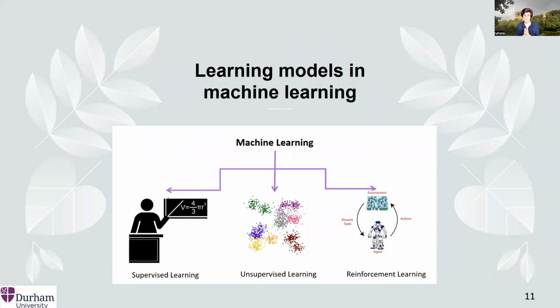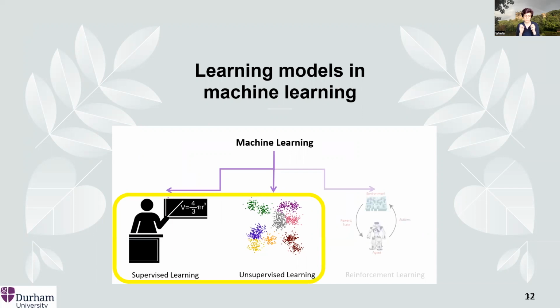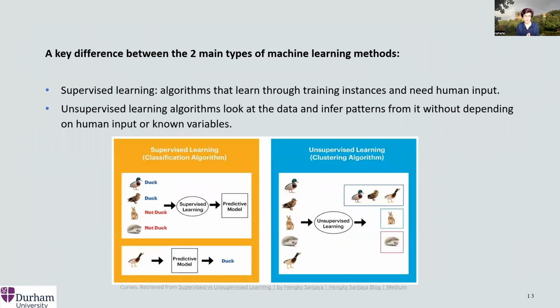Well, to consider the learning methods in machine learning, we have three main categories: supervised, unsupervised, and reinforcement learning. Talking about supervised and unsupervised, supervised learning is a process in which we show instances and train our algorithms using those instances.